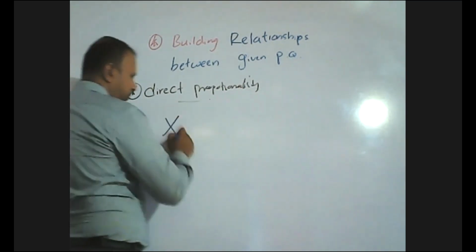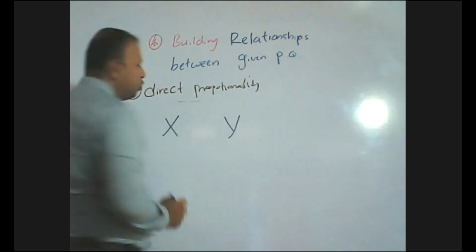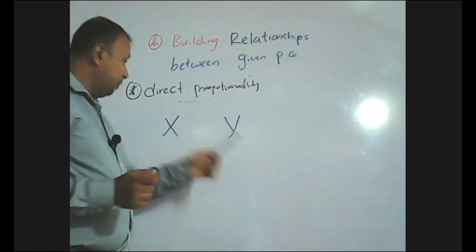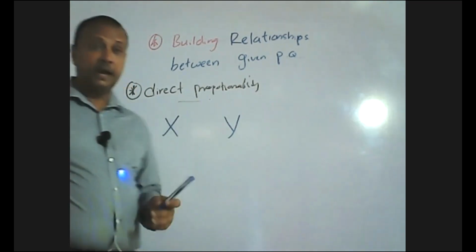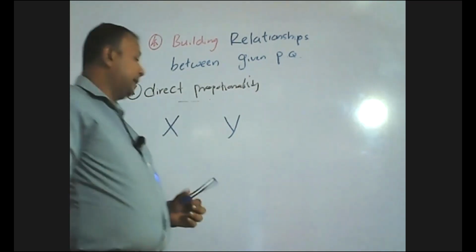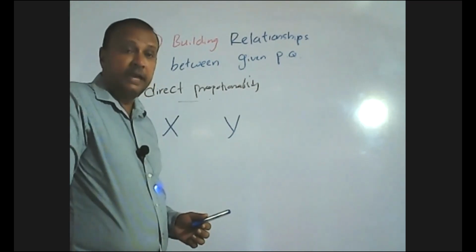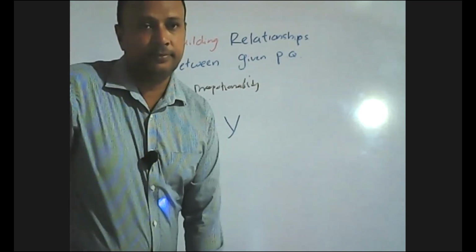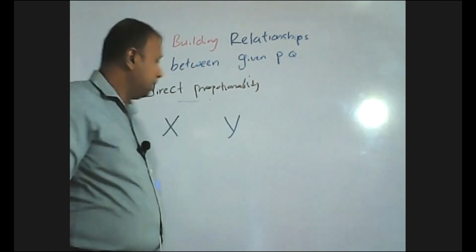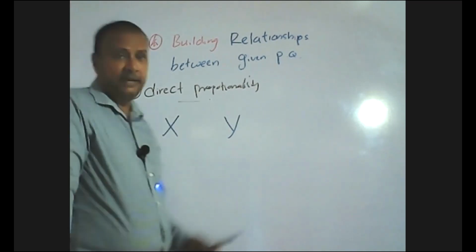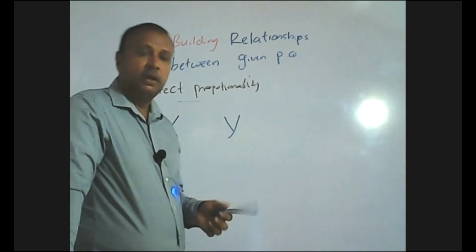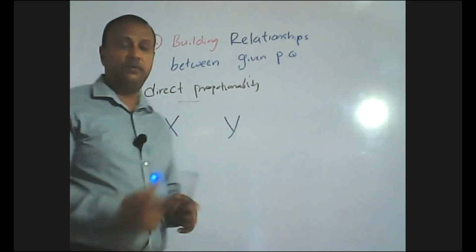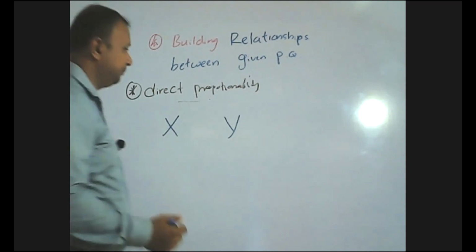Suppose we are given two quantities x and y, and suppose they are directly proportional. What is the characteristic of direct proportionality?